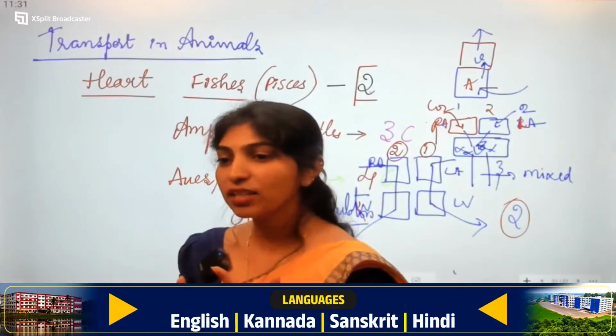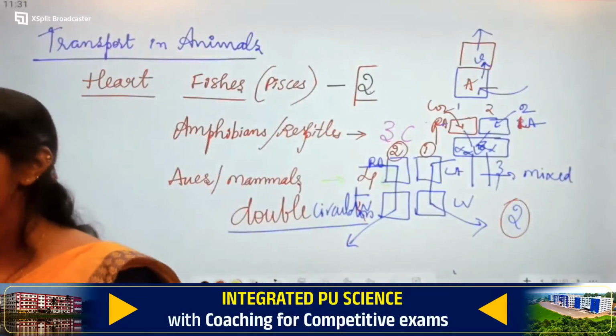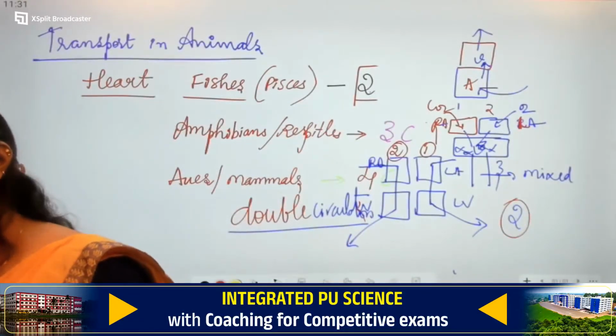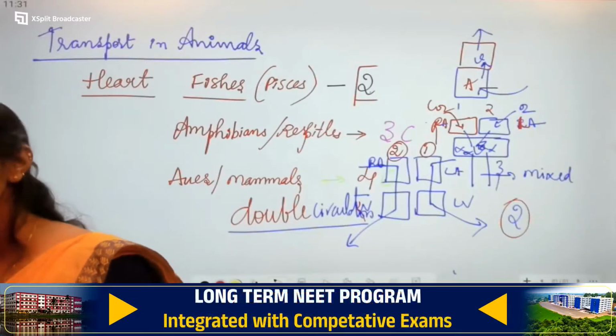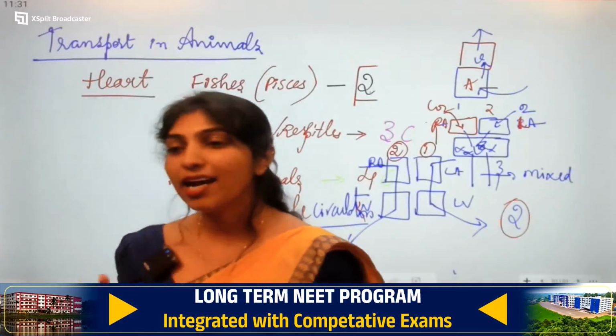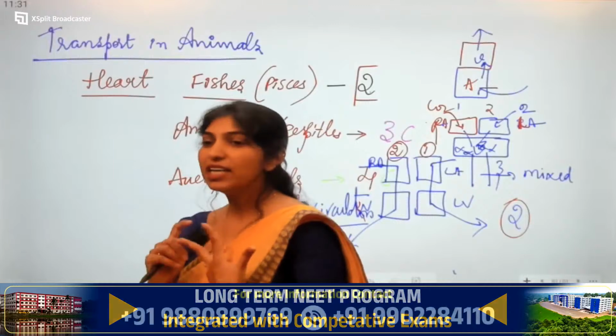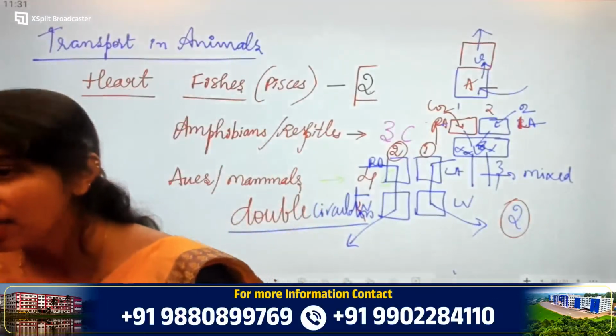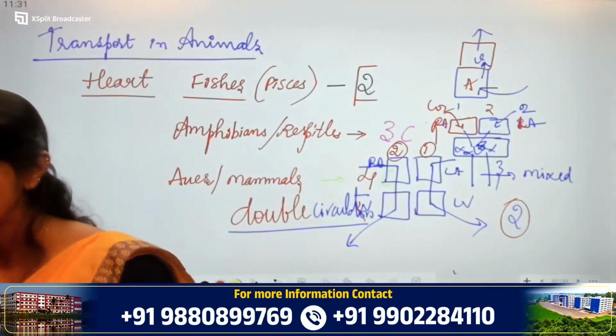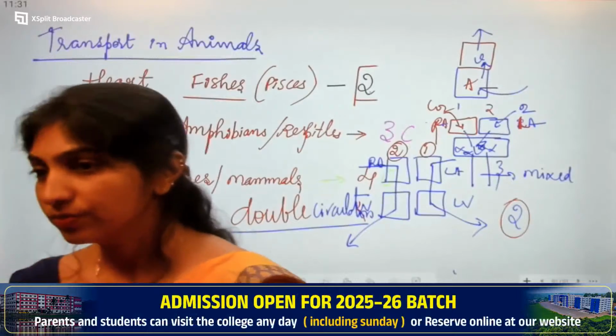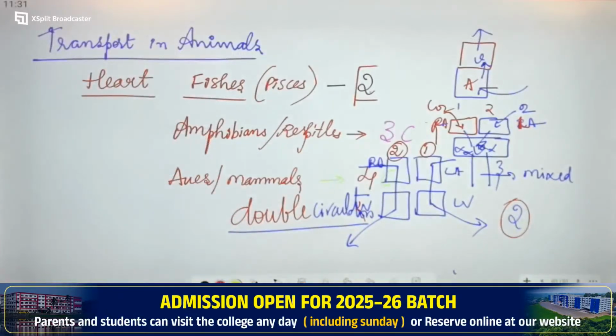And aves are nothing but birds, which come under class aves, superclass tetrapoda, division gnathostomata, subphylum vertebrata, which comes under the phylum chordata. Is it clear, Rupa? What are aves?